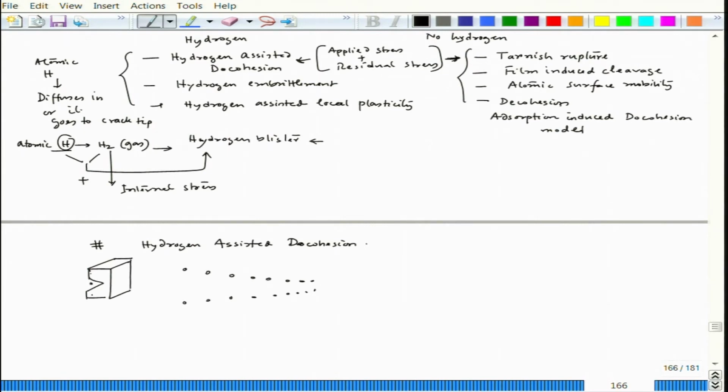In this portion I have just drawn a schematic atomic arrangement. What happens? These atoms are bonded together. Here all the atoms present in that metal are bonded.